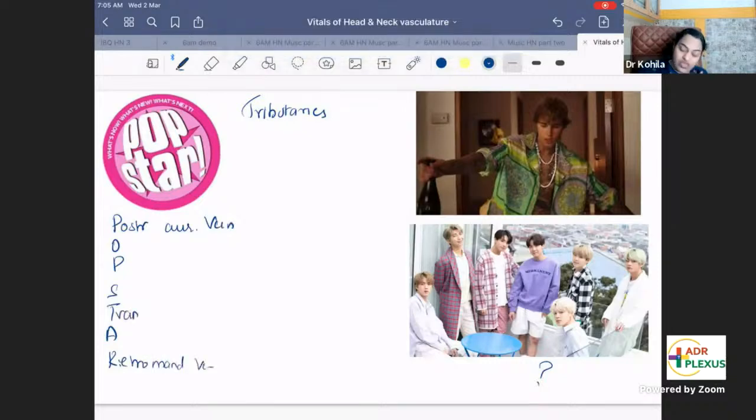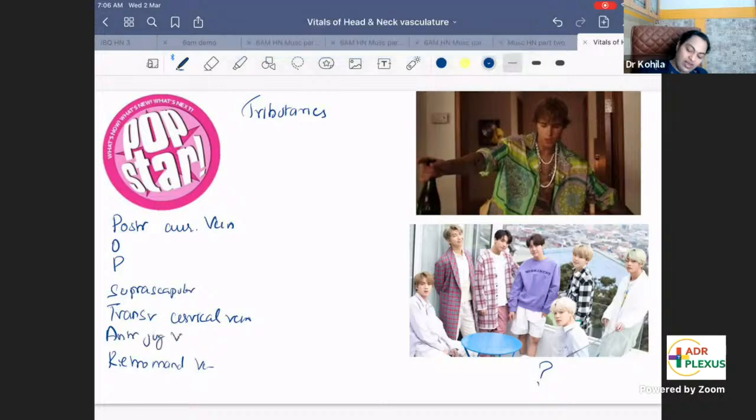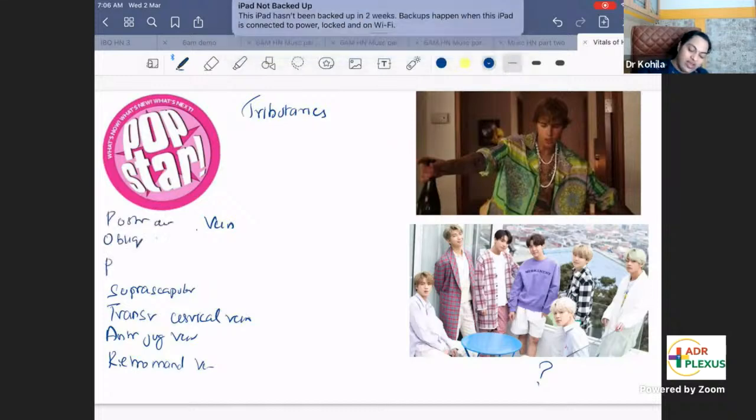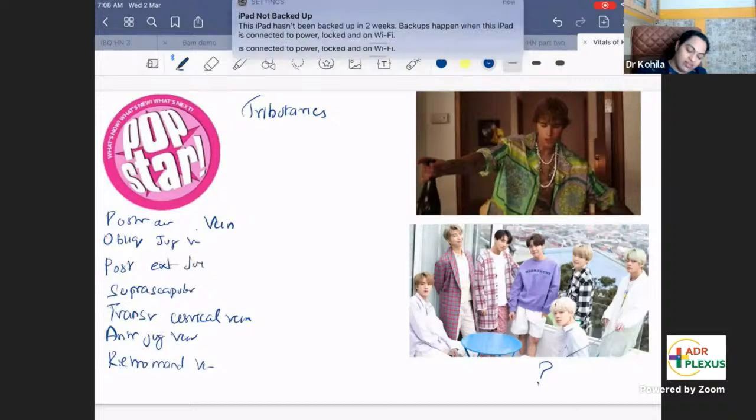Then in the posterior triangle, you'll have the transverse cervical vein, suprascapular vein, anterior jugular vein, occipital vein. Sorry, this is the oblique. Occipital usually enters the internal jugular. The oblique jugular vein connects the external and internal jugular. And then the posterior external jugular vein.